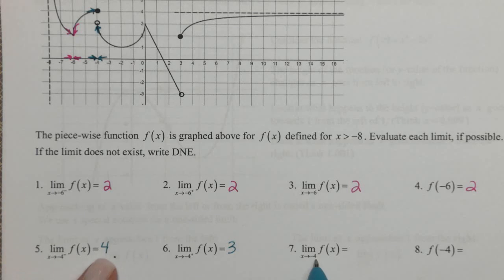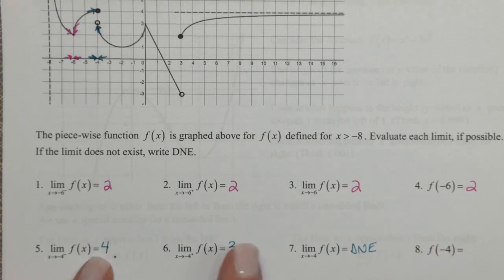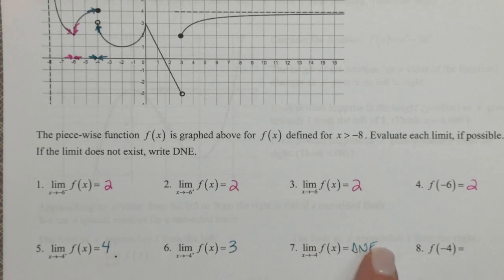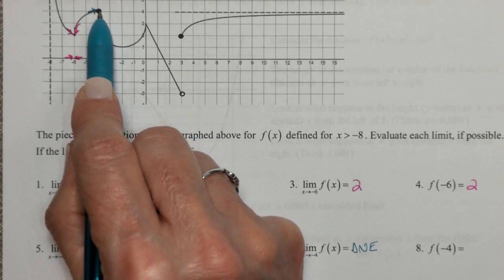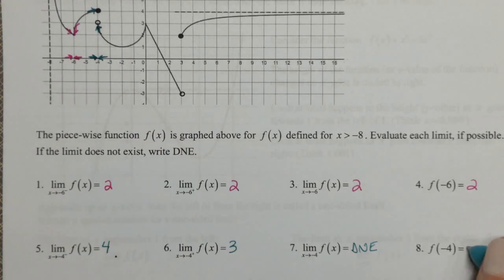So the entire limit as x approaches -4 does not exist because the limit from the left was not equal to the limit from the right. What is the actual function value at -4? 4. That's where that dot is. So that's 4.